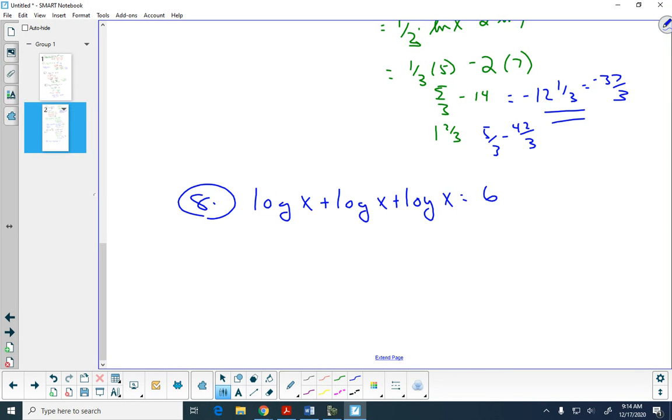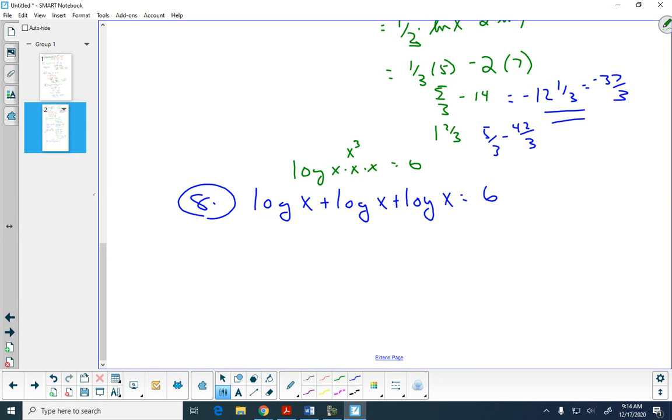Now there's a bunch of ways to skin the proverbial cat here. The first way I look at this, I have log of x plus log of x plus log of x. I could write that as a log of x times x times x is equal to 6, or x cubed is equal to 6.